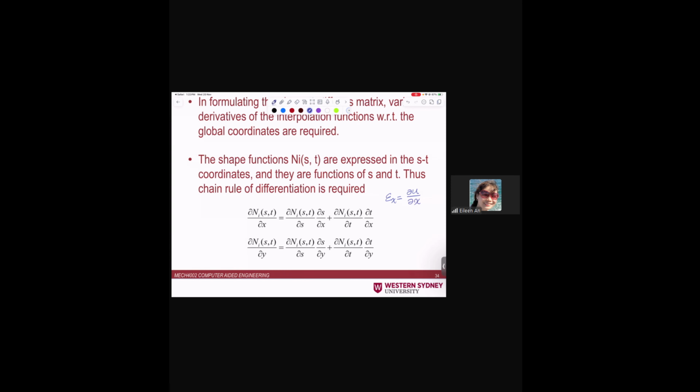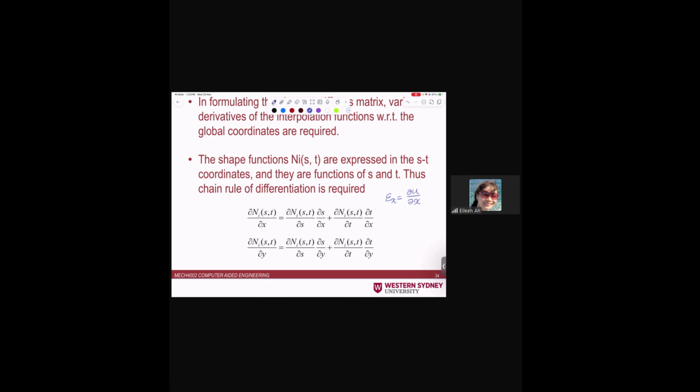When we calculate the normal strain in x direction, the relationship between strain and displacement tells us that we need to use partial u over partial x, right?